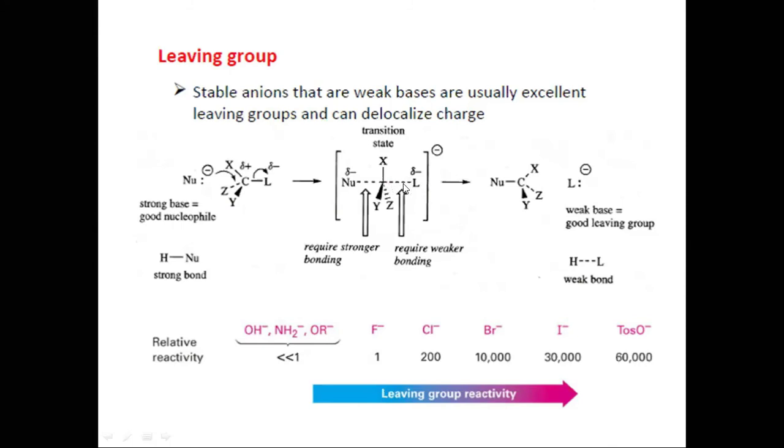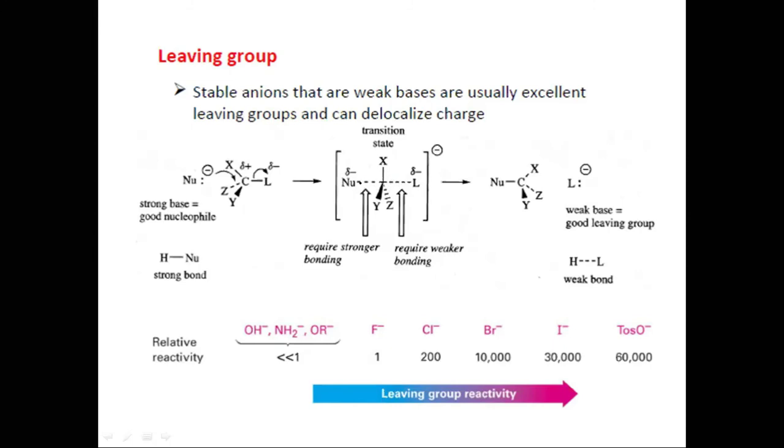In this case, that requires a weaker bonding between the carbon and the leaving group. Then only the dissociation of carbon and L can easily take place, and the new bond easily forms between the carbon and the Nu.